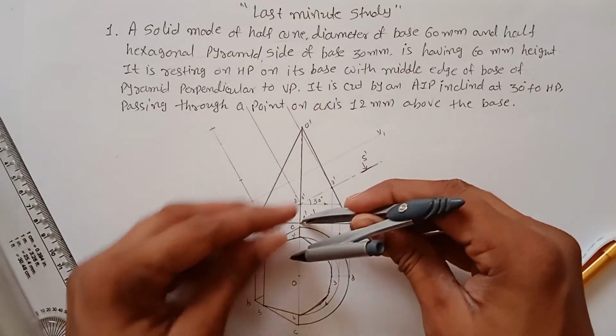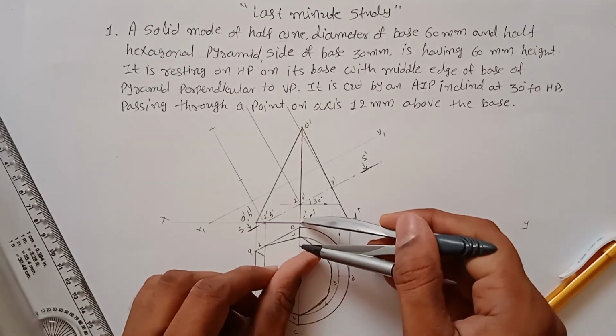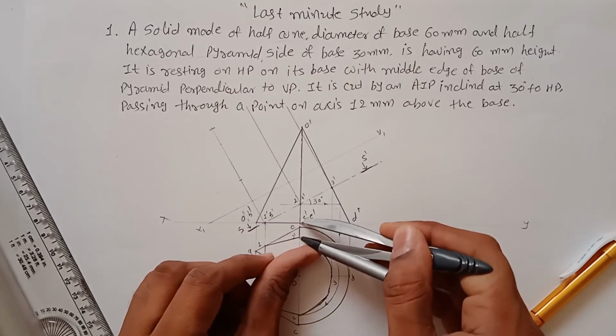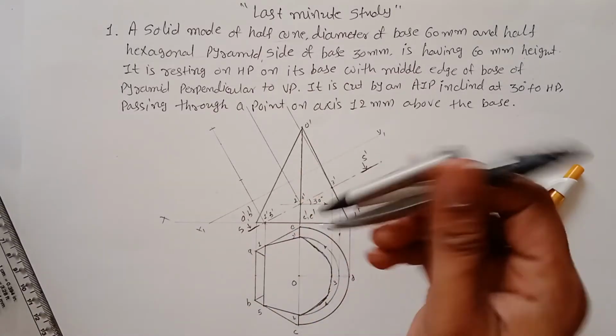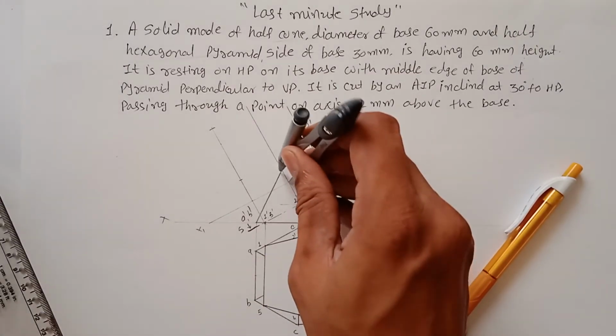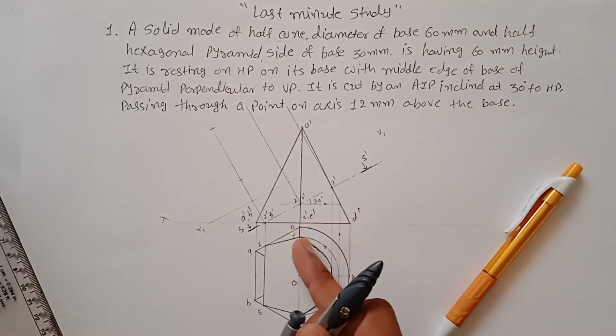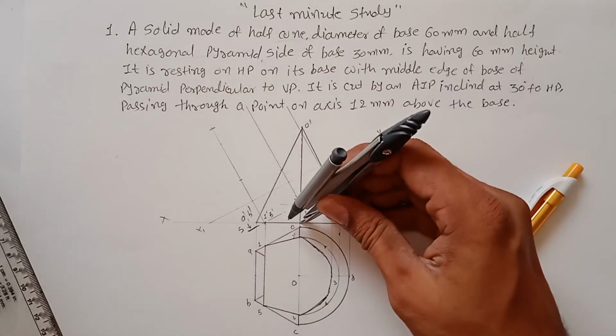You have to measure the distance from the XY line only, because we are going to transfer the distance onto the X1 Y1 line. So this point is your second point.